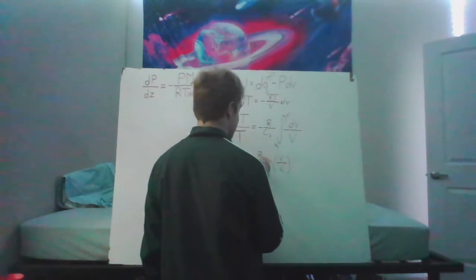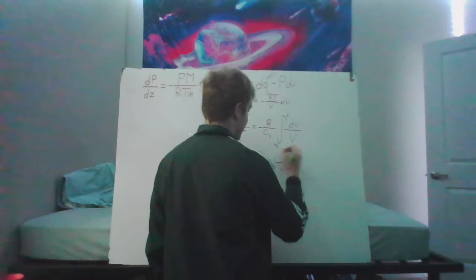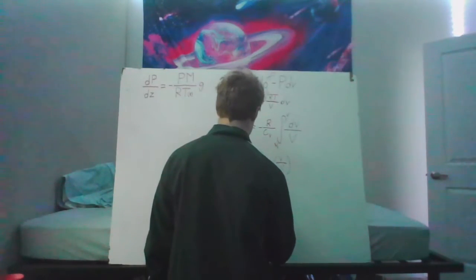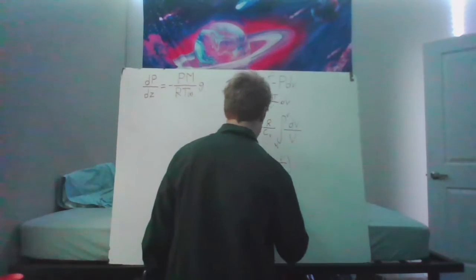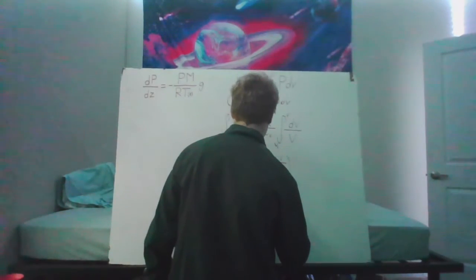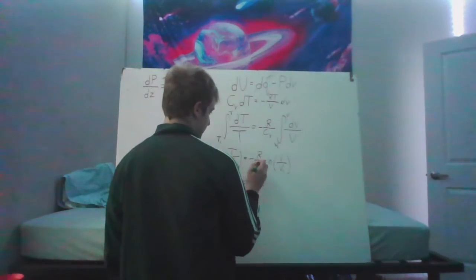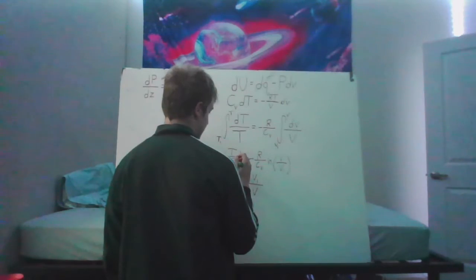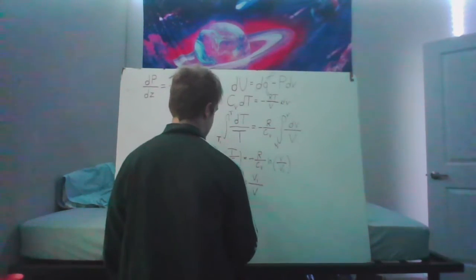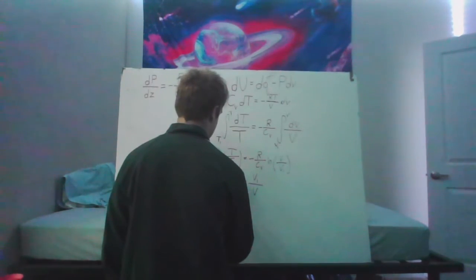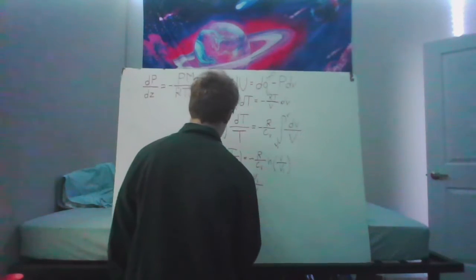So first we're going to put this negative in here, and then we'll just flip this, so it will be V1 over V. And then we're going to multiply this over to the other side and put it in this one, so we'll get CV over R over T1.